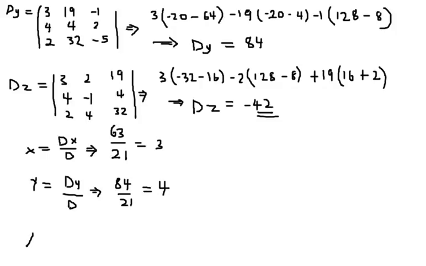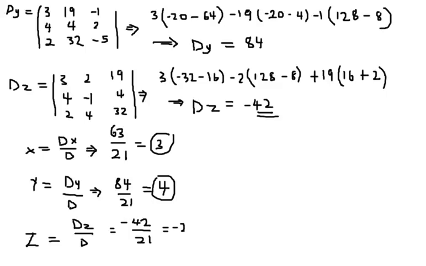Then z is now equal to dz over d, and the value of dz is minus 42 while d is still 21. So we are going to have minus 2. So our value for x is 3, y is 4, and z is minus 2. So that is the solution for the equation.